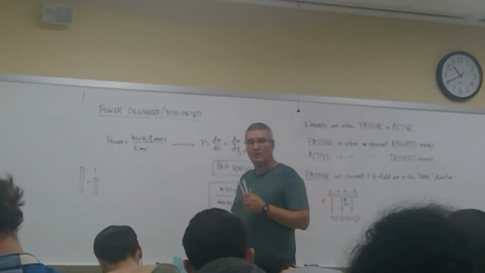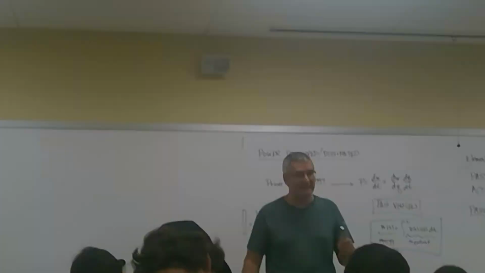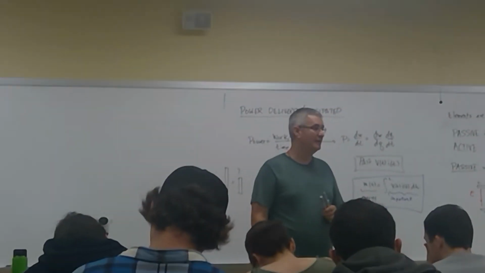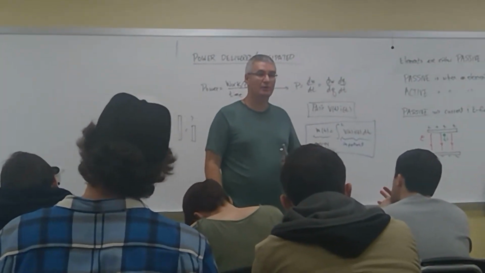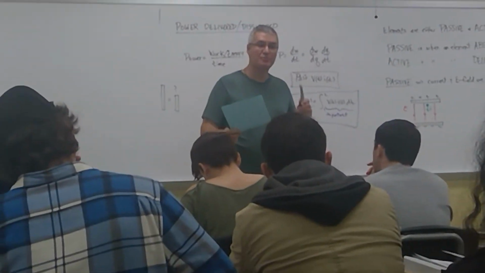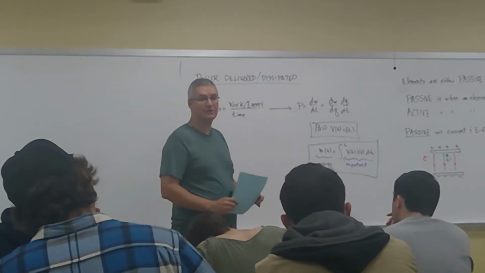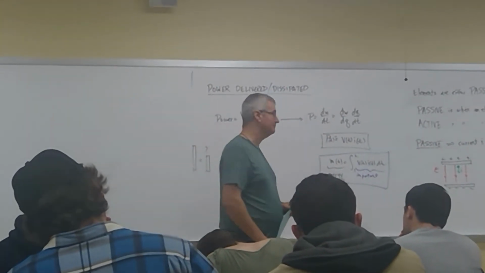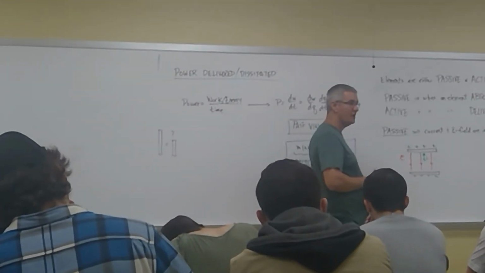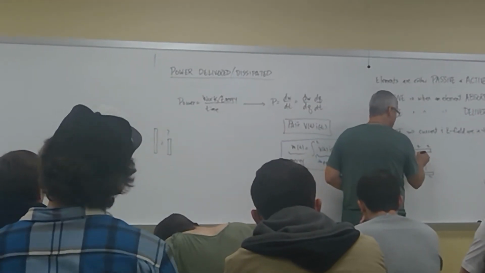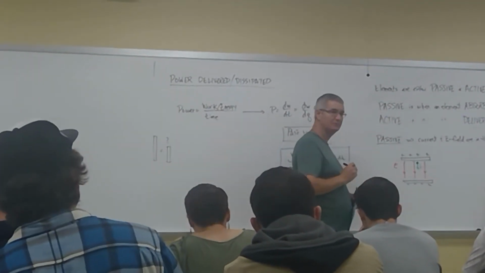It turns out when this is the case, there is power or energy absorbed by those plates. Think about it physically. What is the charge on this green charge? It's positive.